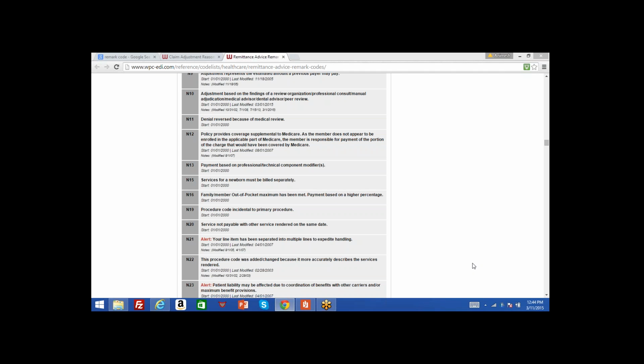That means they know the payment is reduced or made based on the modifier that was submitted. If there was the professional modifier, the billing office would know the payment is for the professional modifier, but if the claim came with the technical modifier, the payment is for the technical modifier.